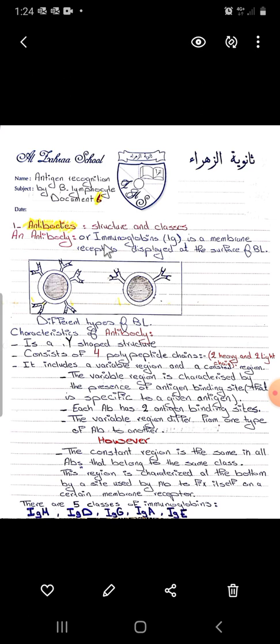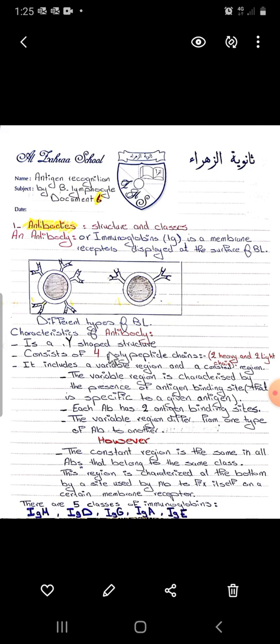An antibody, also called immunoglobulin, is a membrane receptor displayed at the surface of a B lymphocyte only. What are the characteristics of this antibody?